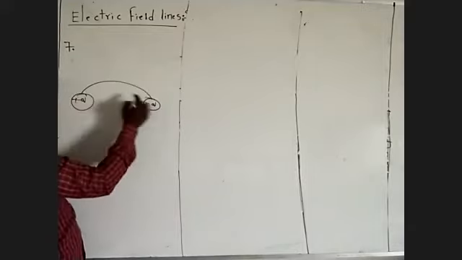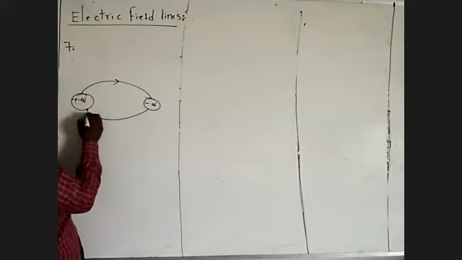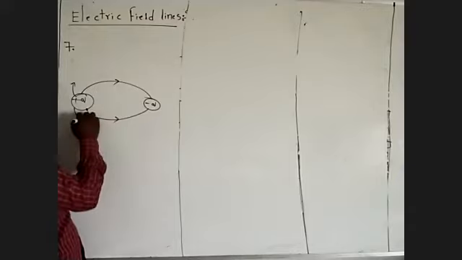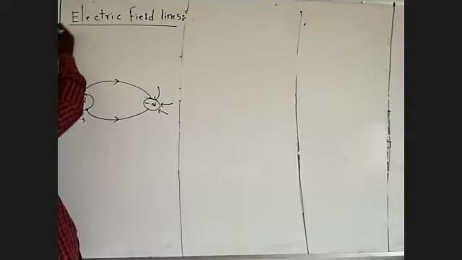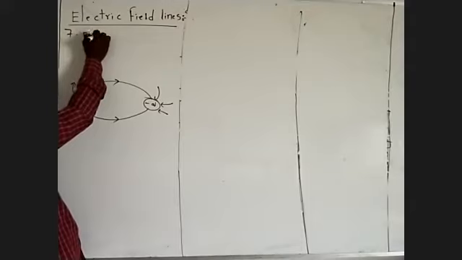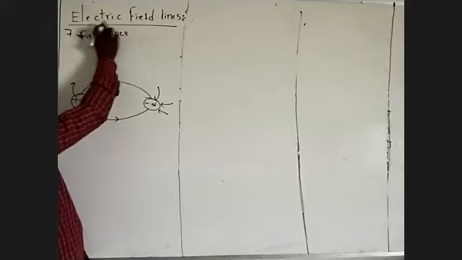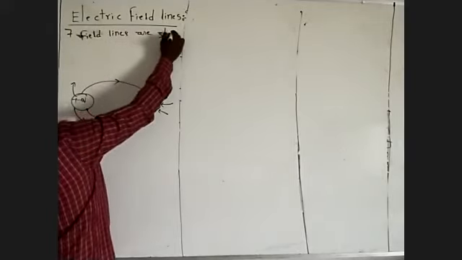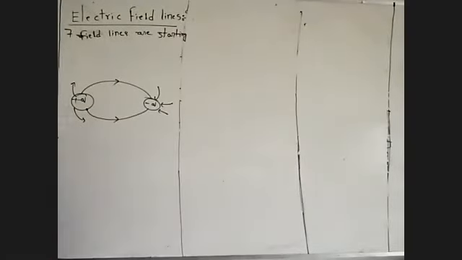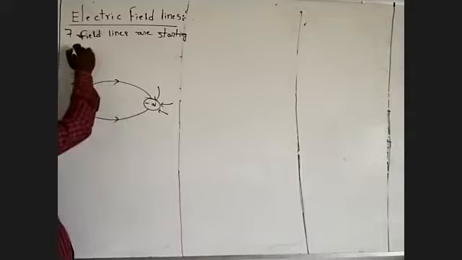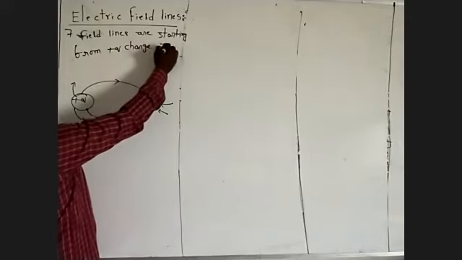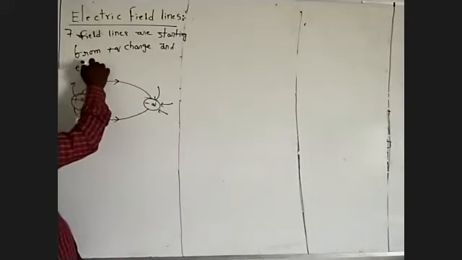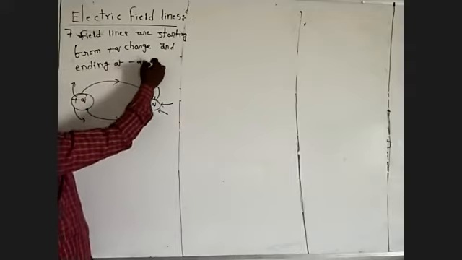Electric field lines start from the positive charge and terminate at the negative charge.